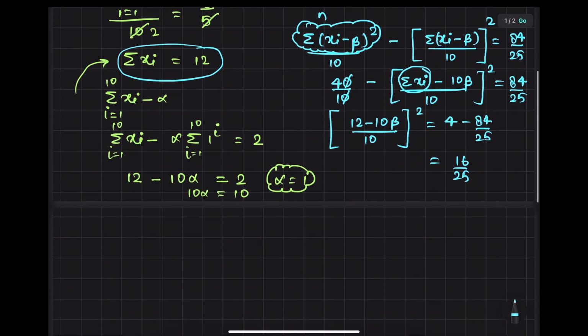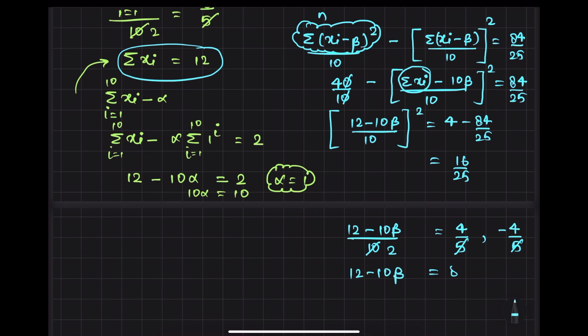Now we can apply the root on both sides. So we will have plus or minus 4 by 5. We will understand which one we have to take and which one we have to reject. So 12 minus 10 beta by 10 equals plus or minus 4 by 5, so 12 minus 10 beta equals 8 or minus 8.